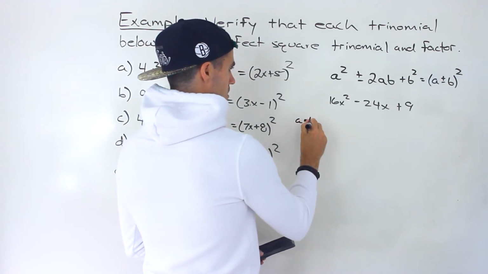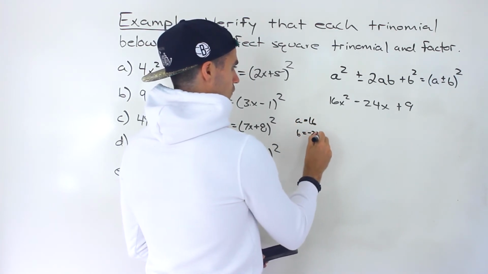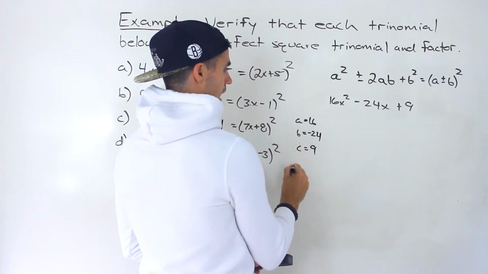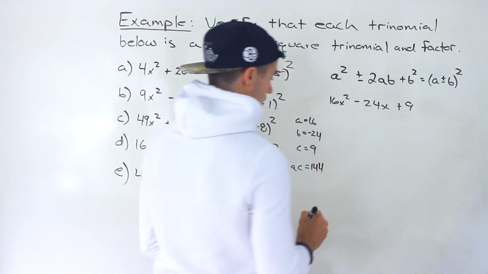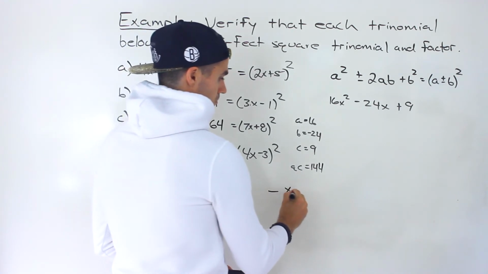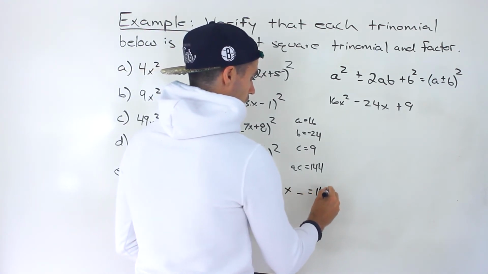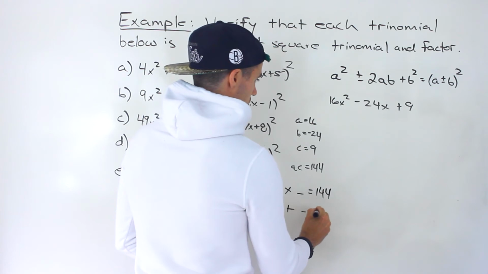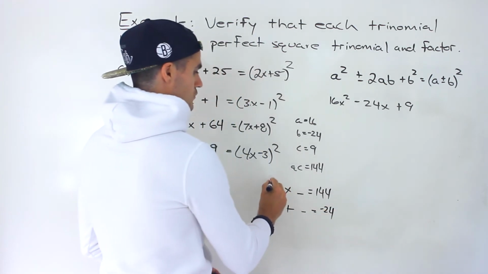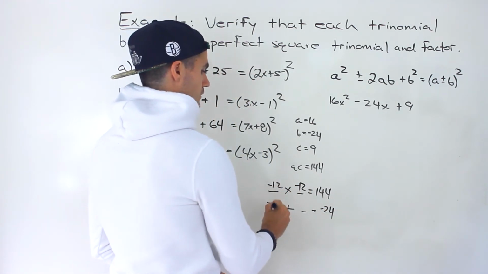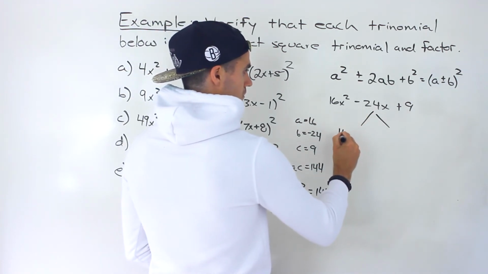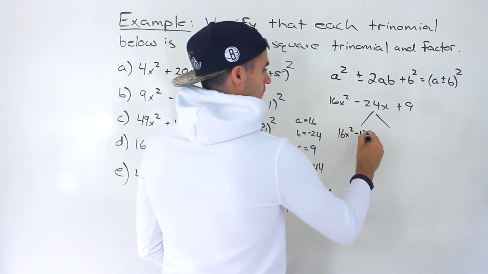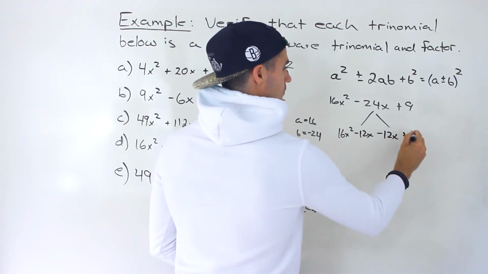Okay, but if you do it with decomposition, A value is 16, the B value is negative 24, the C value is 9, the AC value is 144, 9 times 16. What two numbers multiply to 144 and add up to negative 24? Negative 12, negative 12. So we decompose like that.